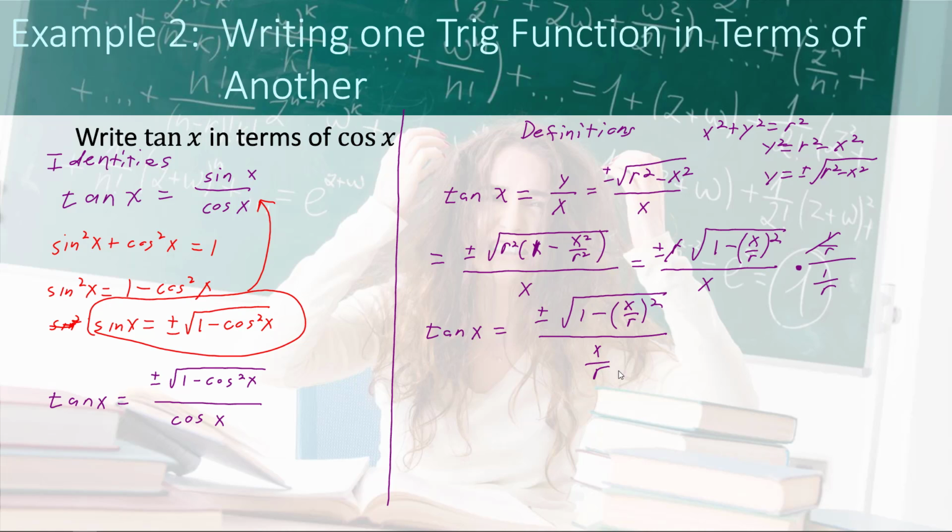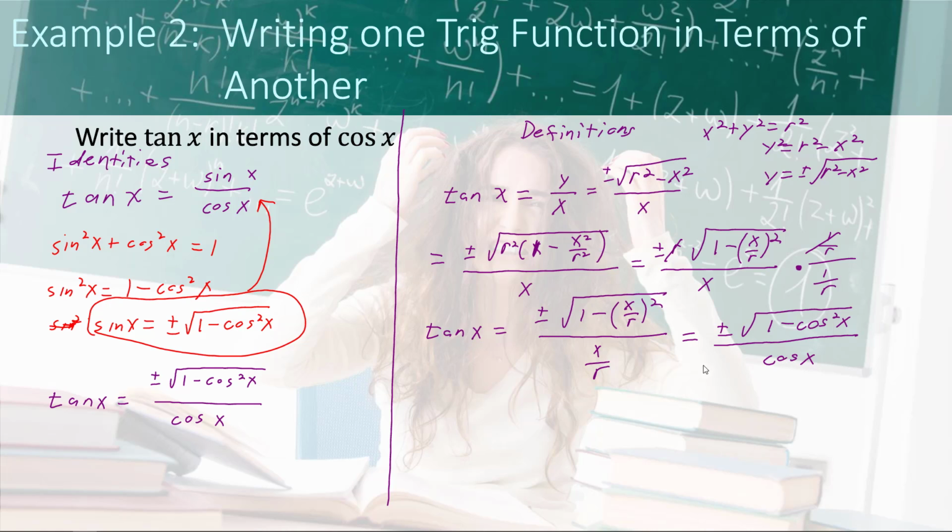And what is x over r? Well, x over r is cosine. So this is going to be equal to plus or minus the square root of 1 minus cosine squared x. I'm using x in two different contexts, which I know is a problem, divided by cosine of x.